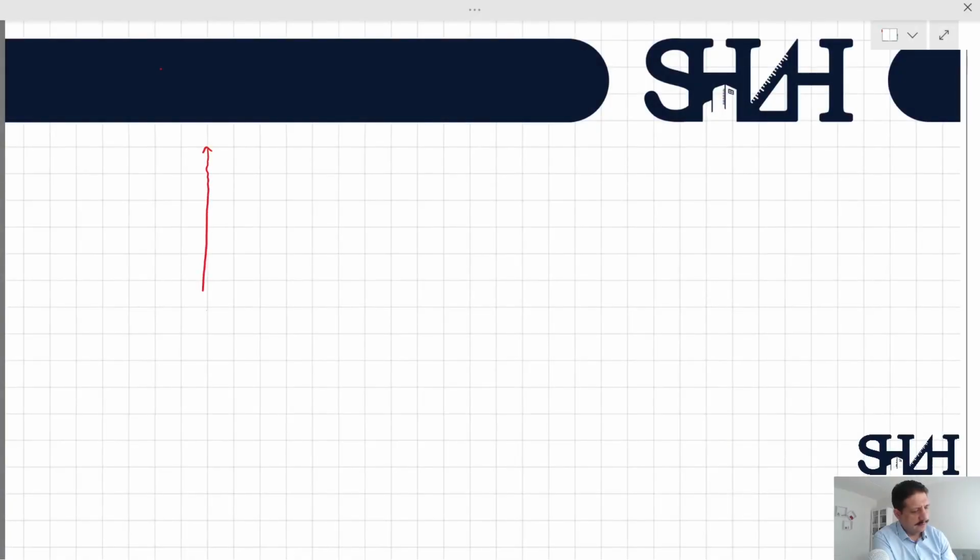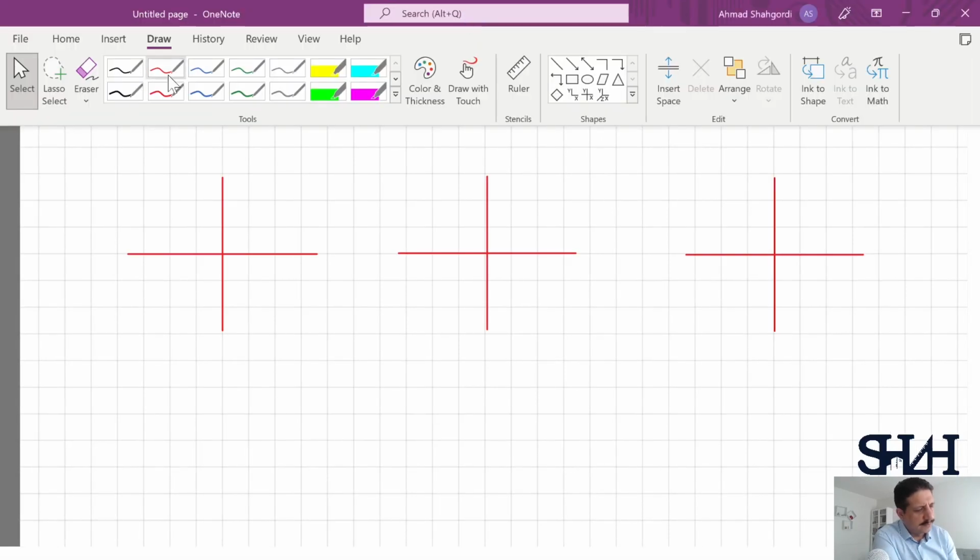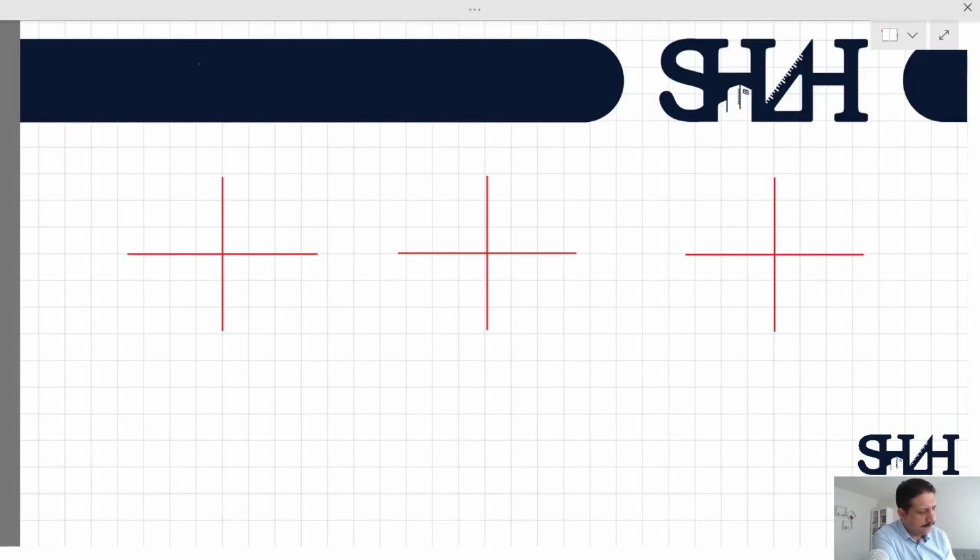Let's sketch the stress strain relation. So the first one represents the AC. The second one is BC, and the third one is F or P. So in the first one, I will go with the negative side.